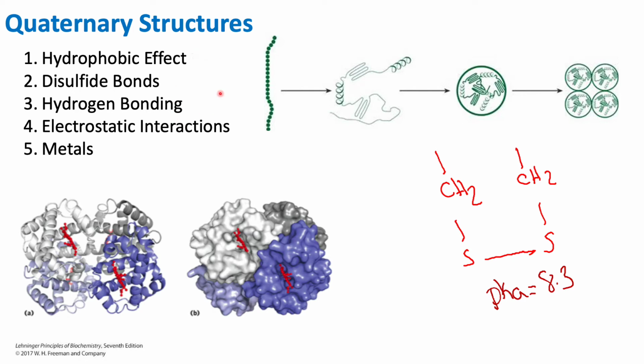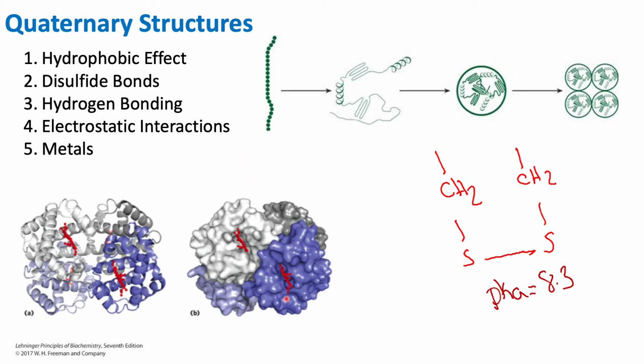But in quaternary structures, we see that hydrogen bonding on those peptide bonds, but we also see hydrogen bonding between different R groups of amino acids. In secondary structures, our R groups do not interact, but in tertiary and quaternary structures, our R groups do interact via hydrogen bonding.